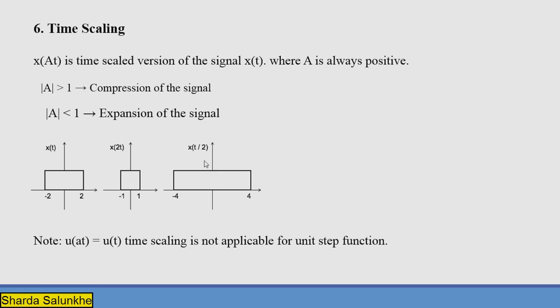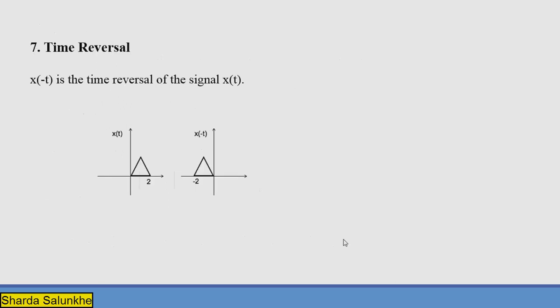And if you want to do x of t by 2, that means modulus of a is less than 1, then you will get expansion of the signal. Also, u of at is equal to u of t, that is, time scaling is not applicable for the unit step function.